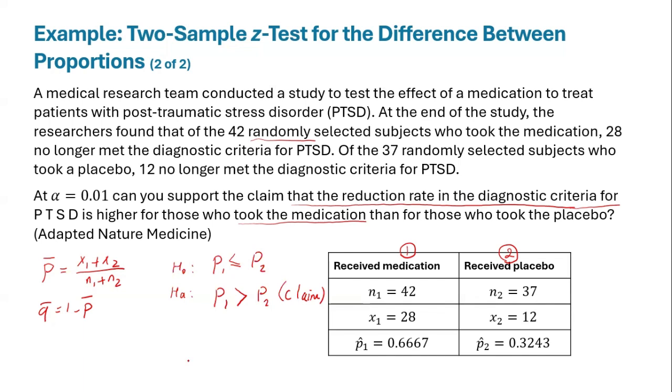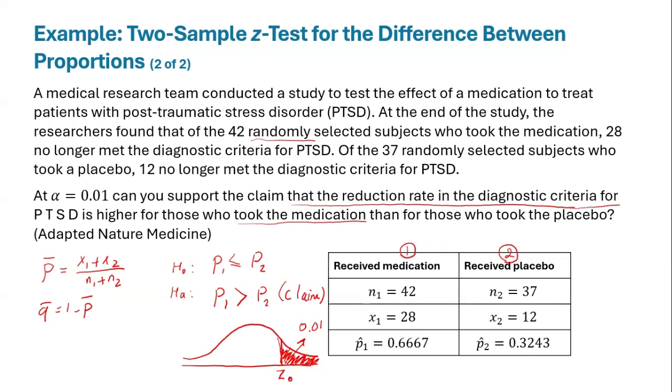Then we need to find the critical value and the rejection region. Based on the alternative, which is greater than, I need one critical value, and the area to the right is my rejection region. And I know alpha is 1%, so that means this area on the right is 1%.